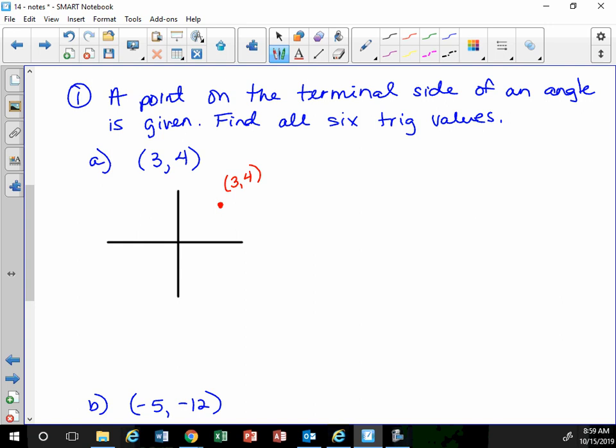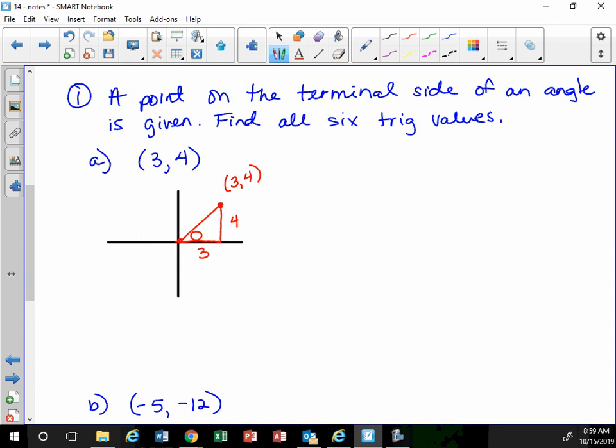What we're going to do with that point is draw a triangle. Do you guys agree that horizontally I had to go 3 and then vertically 4 to get to that point? Okay. Then I'm going to connect from the origin to my point. That's my hypotenuse.